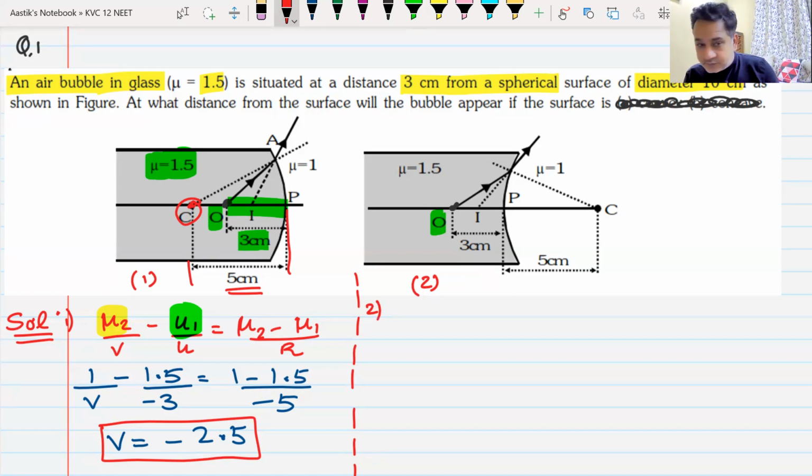Minus 1.66, this is correct. Boys, the challenge is still for you. I'll wait for 2 minutes for you to solve it, put the values correctly, get the answer.